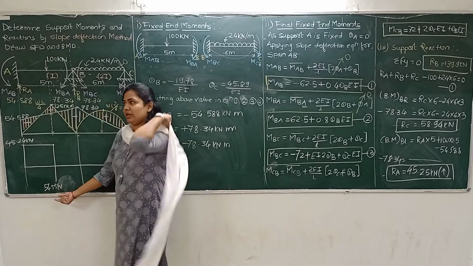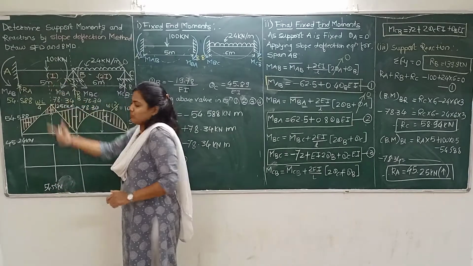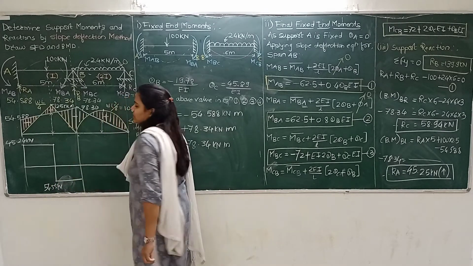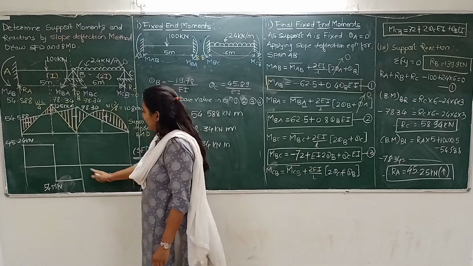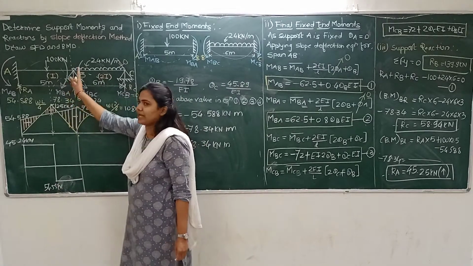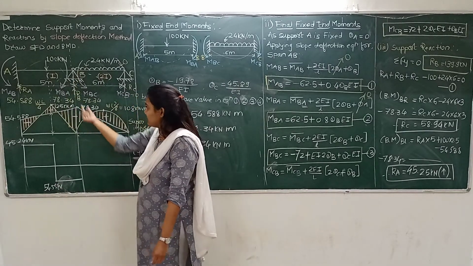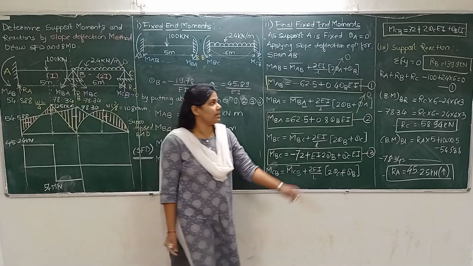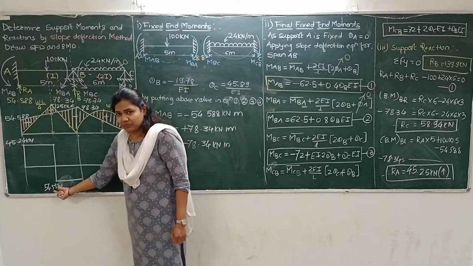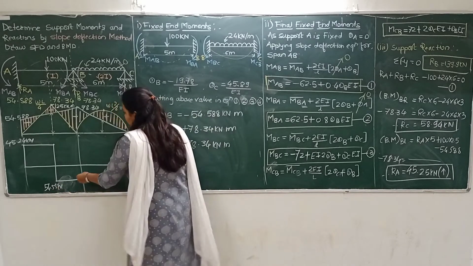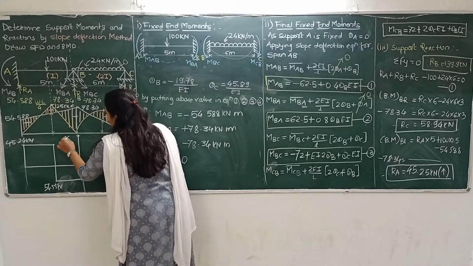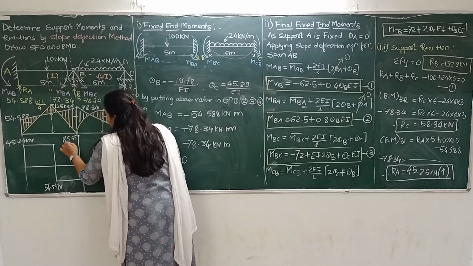Now again, between these two points, the shear force remains constant. At this B point, along with this negative shear force, there is a support reaction present in the upward direction, RB, and the value of RB is 139.9. So minus 54.55 plus 139.9, the shear force goes to a positive value, which is 85.35 kilonewton.